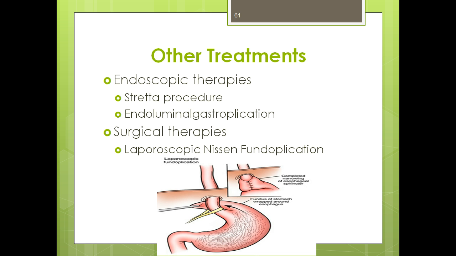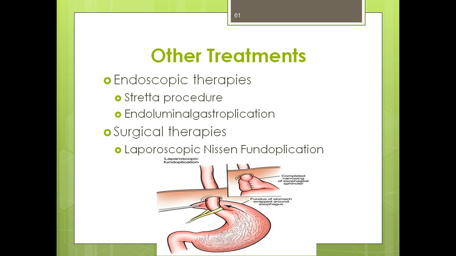Some of the endoscopic therapies that they would try to use would be the Stretta procedure, and this is where the physician applies radio frequency energy through the endoscope using needles, and the RF energy decreases vagus nerve activity, and this as a result reduces the discomfort that the person is experiencing when they have GERD.